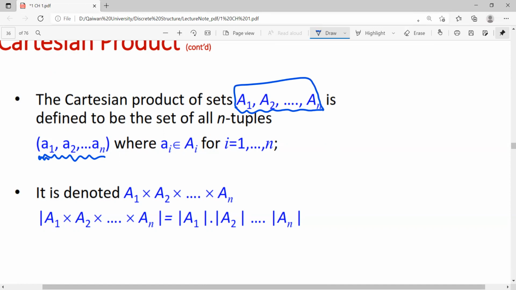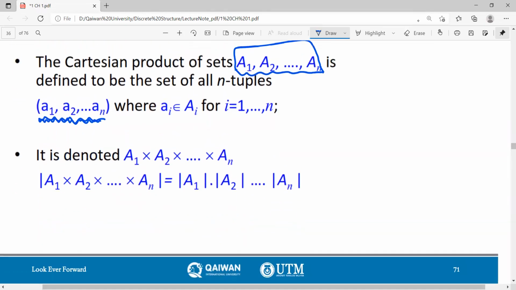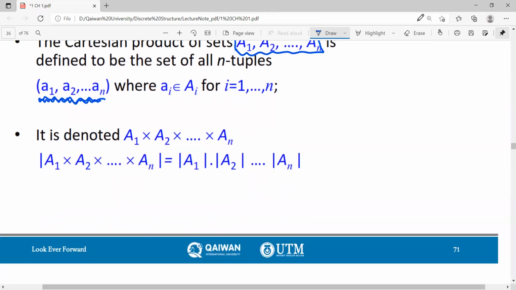So the Cartesian product is the n-tuples. And for the cardinality of a product, if you have n sets, it equals the multiplication of their cardinalities.